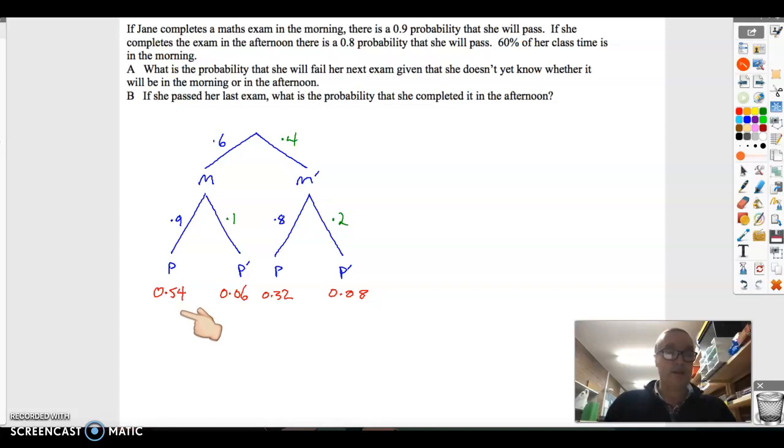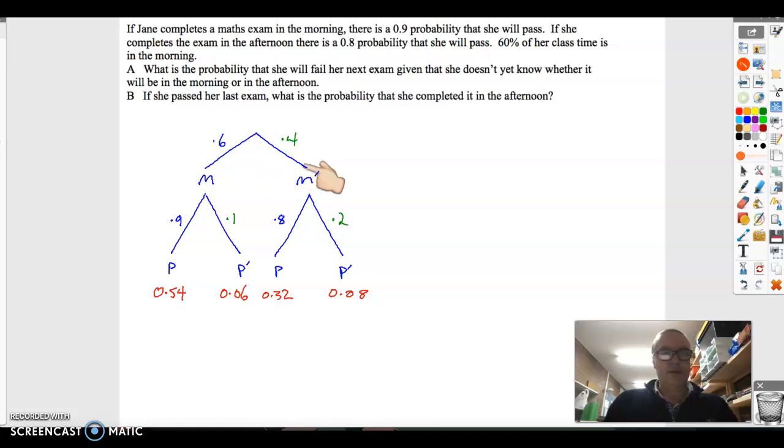The rest of the 60% must be the 6%, and we'll see those two add to give the 60% of the time in the morning. So they are also, well, not exactly complementary, but they go together to make that 60%.